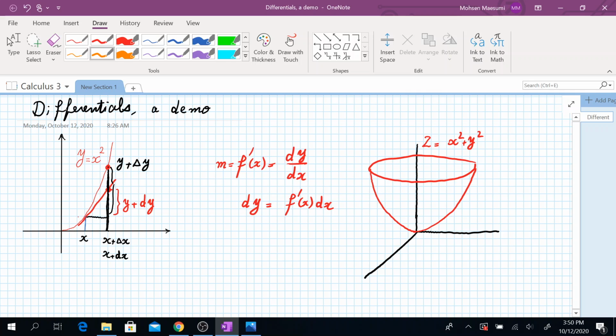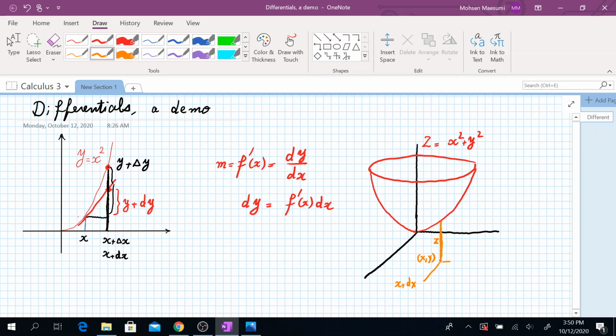Now, if I have some location, xy location here, and go ahead and find out what the height of the function is at that point, that's going to be our base of our operation. So this is some point x and y at which we can find the height of the function z. Then I change x and y. So x could be changed by some value. So now my new location is x plus dx or delta x.